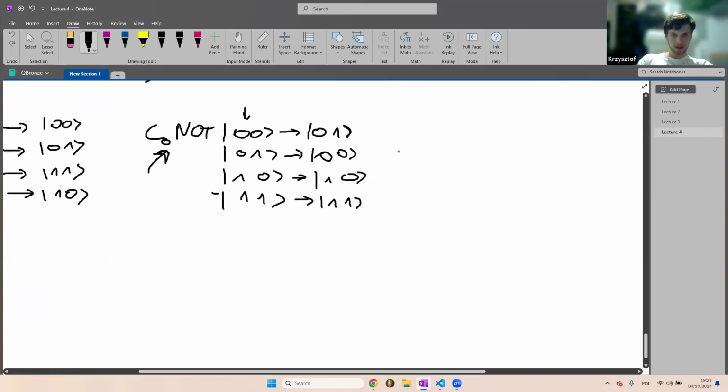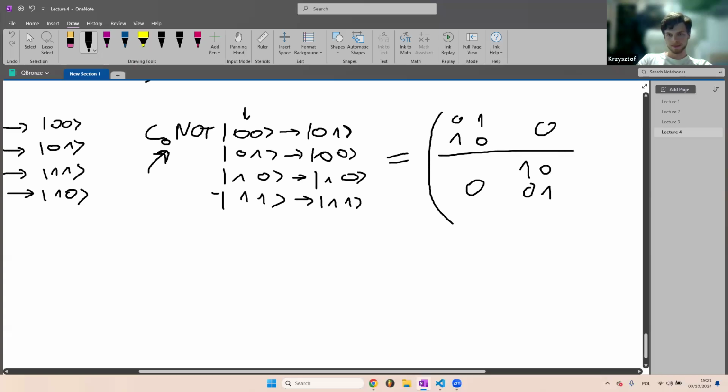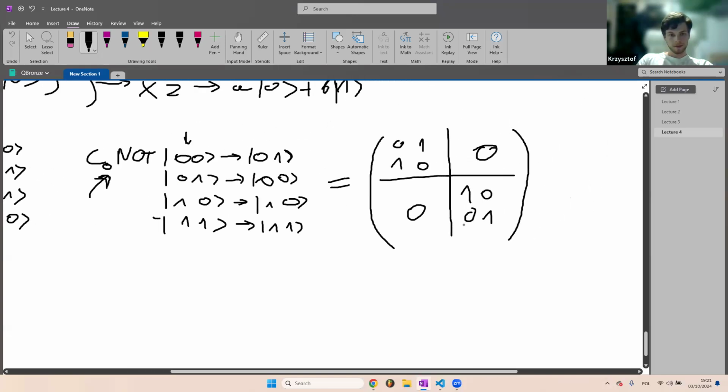And actually, the matrix representation of such a C0 naught will be 0, 1, 1, 0. Here we have all zeros, and 1, 1 on the diagonal. This will be the matrix representation of such a gate.